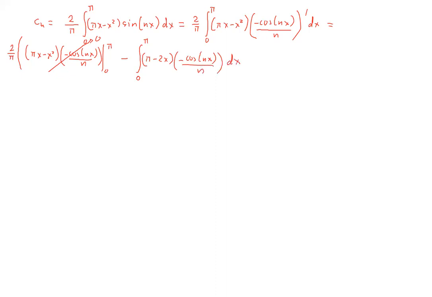And now I have to clean up. Okay, so how do I clean up here? I have two negative signs. They become positive. I have this n. So I will have 2 over n pi times the integral from 0 to pi of pi minus 2x times cosine of nx dx.